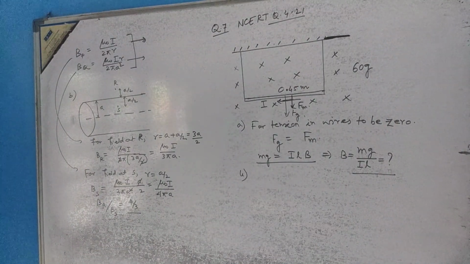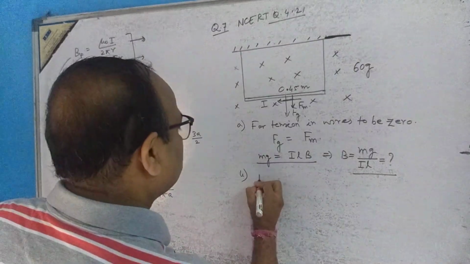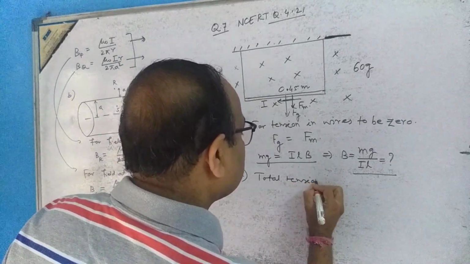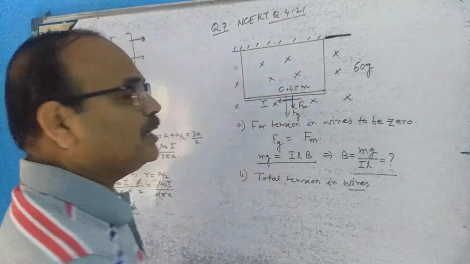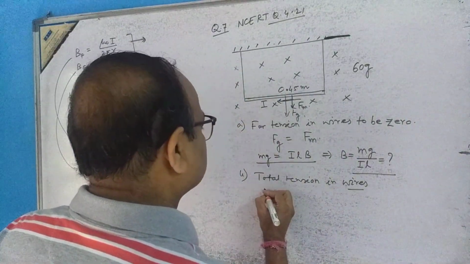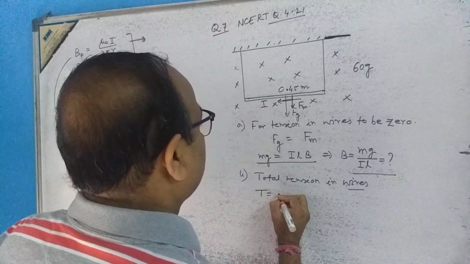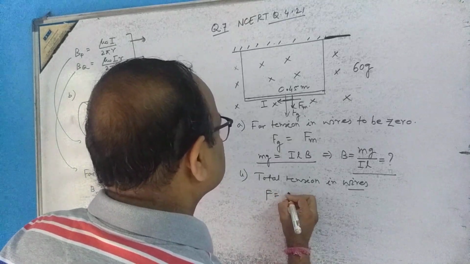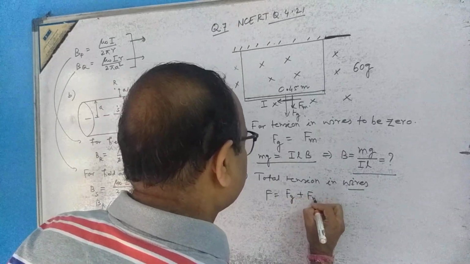Alright, clear? Fm. So total tension in wires, how much will it be? If we take total tension in the wires, better we take F, which is equal to Fg plus Fm.